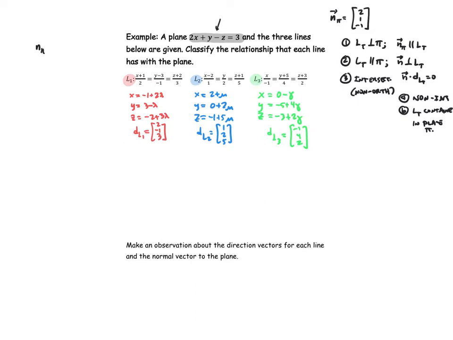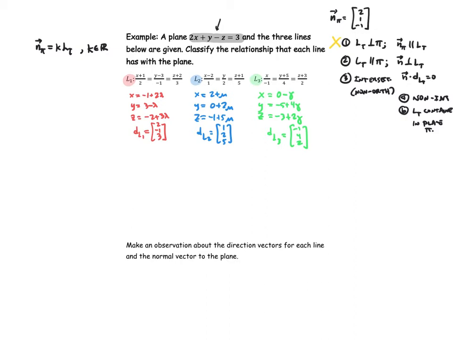I mean that the normal of pi is not equal to some constant k times L sub t, where k is in R. That just means I can't multiply any one of those direction vectors by a constant and have an equivalent vector to the normal. That means that for none of these will the normal be parallel to the line. So none of our lines will be perpendicular to pi.